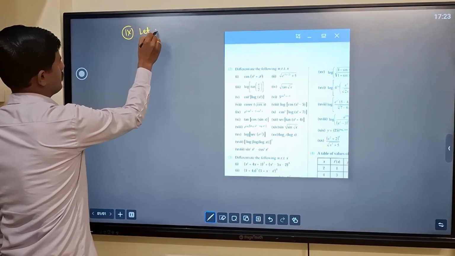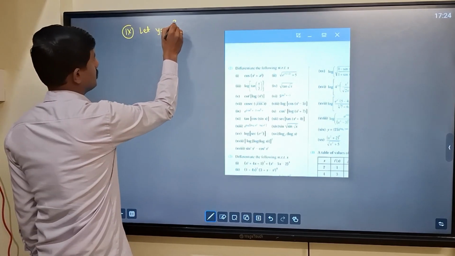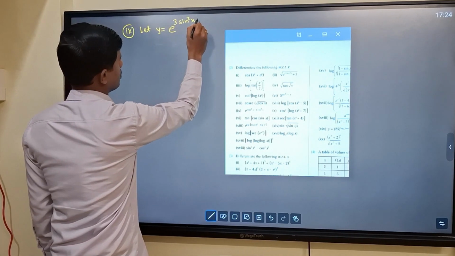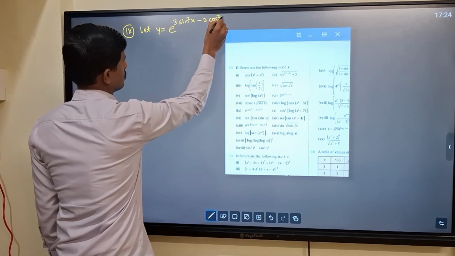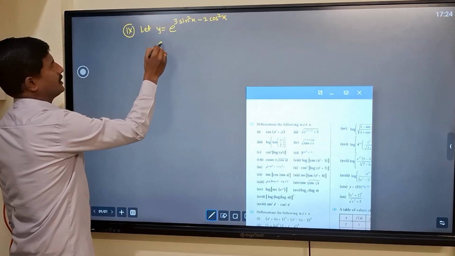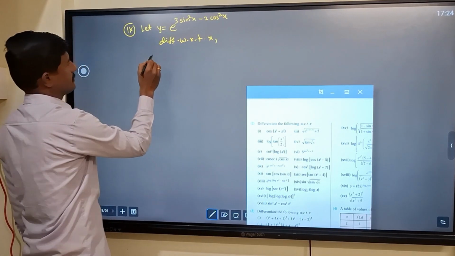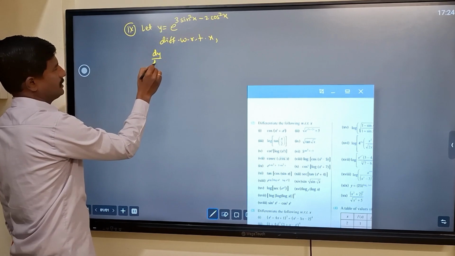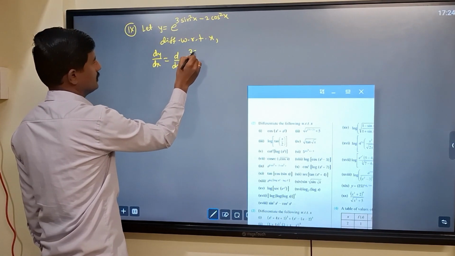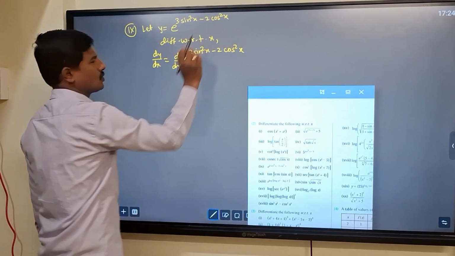Let y equal to e raised to 3 sin square x minus 2 cos square x. Differentiate with respect to x. dy by dx is d/dx of e raised to 3 sin square x minus 2 cos square x.